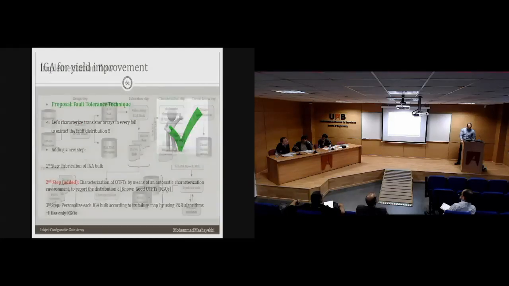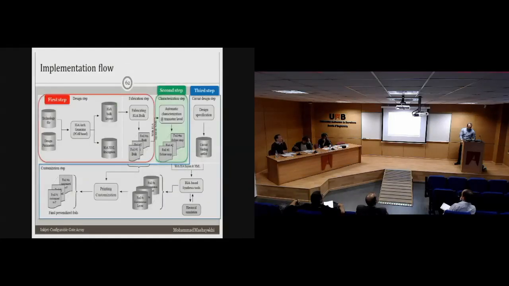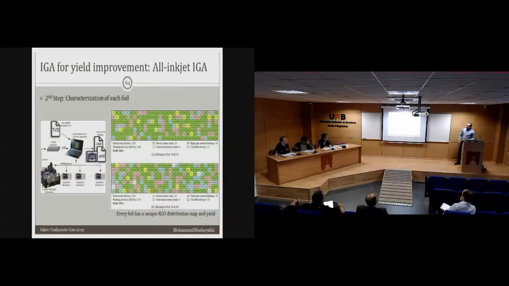The thing is that, as we see here, there is a very nice automatic characterization environment developed by my colleagues at CNN, which allows the characterization of each foil, having some 200 transistors, being tested for different bias stresses in maybe 5 minutes.